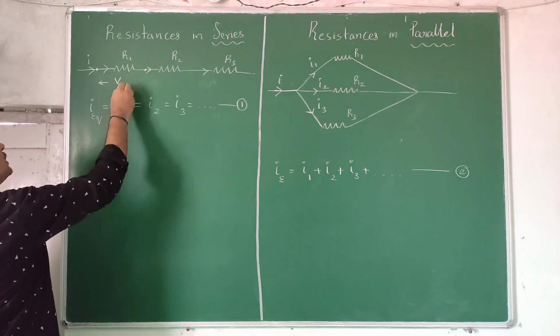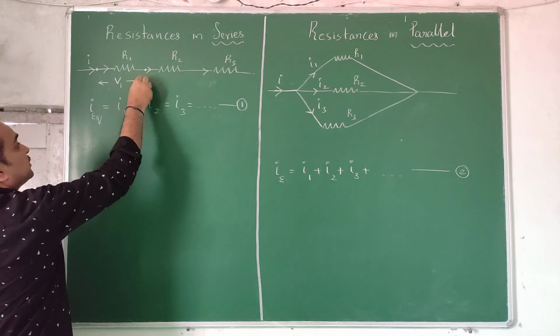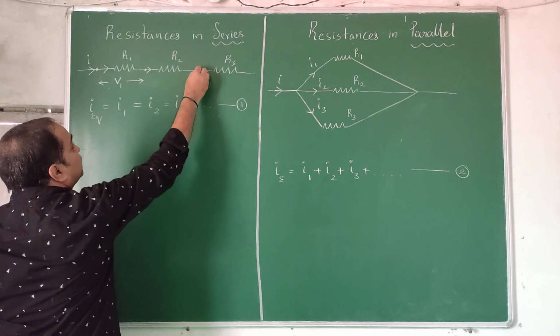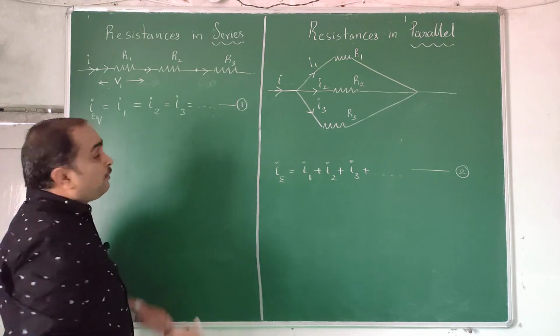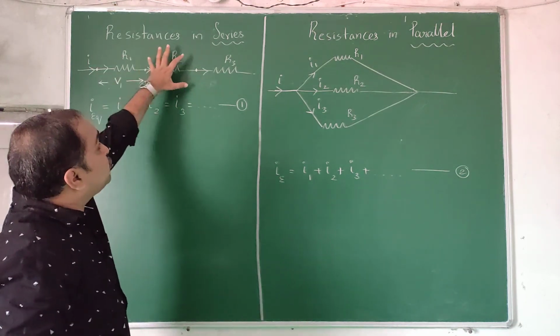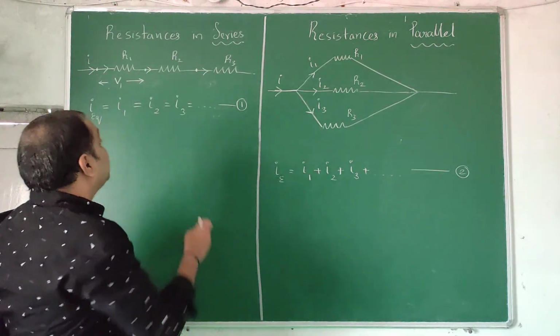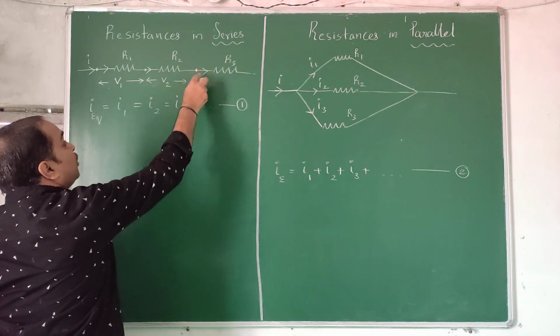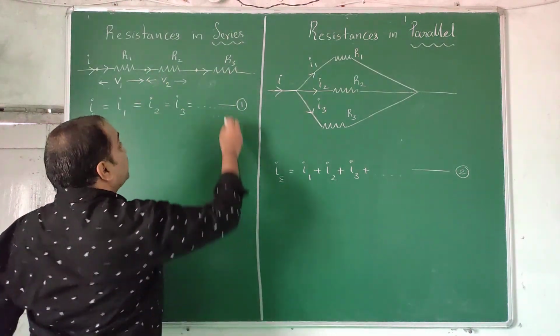Energy given up per unit charge is called potential difference. So here the potential difference is V1. Next, while passing from this point to this point, the fan has consumed some energy. Now the bulb is consuming some energy per unit charge, which is called potential difference. So this is V2. And now we have a refrigerator that is also going to consume energy.